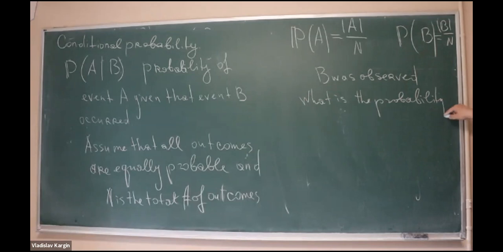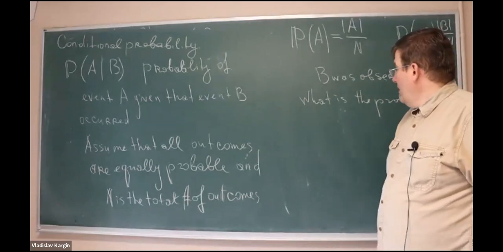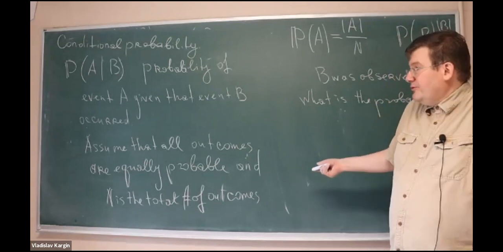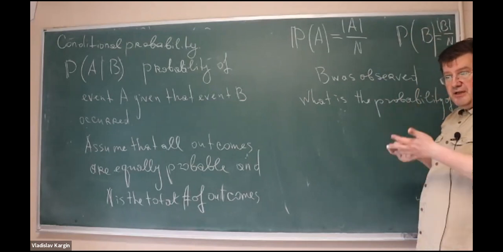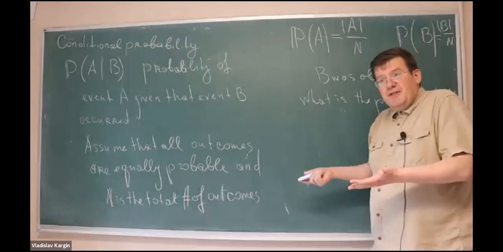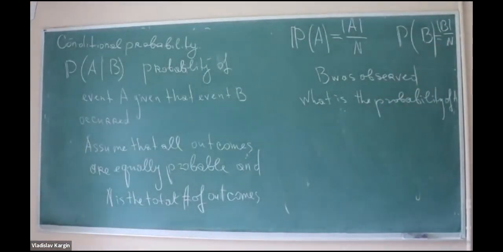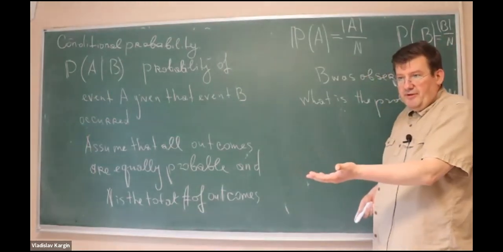In this case, all the world actually was destroyed, the previous world was destroyed. So we cannot use any formula like that, because right now we know something about the world, and some outcomes are now totally impossible. It's impossible, if you have the king of hearts, for other players to have the king of hearts.